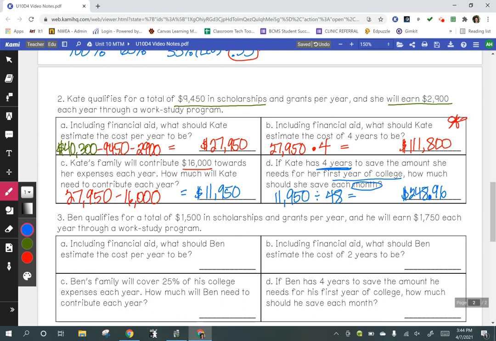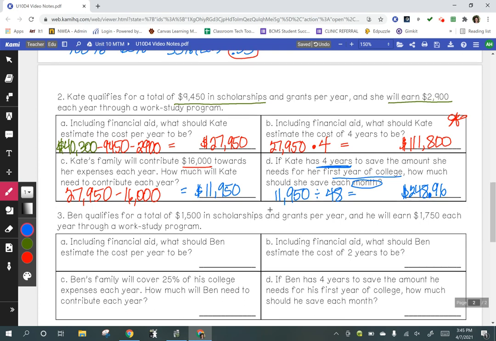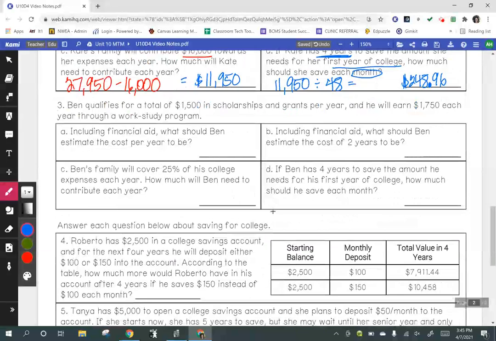Okay? All right. So it's your turn to try number 3 on your own. Ben qualifies for a total of $1,500 in scholarships and grants per year, and he will earn $1,700 for work study. Figure out his cost per year.